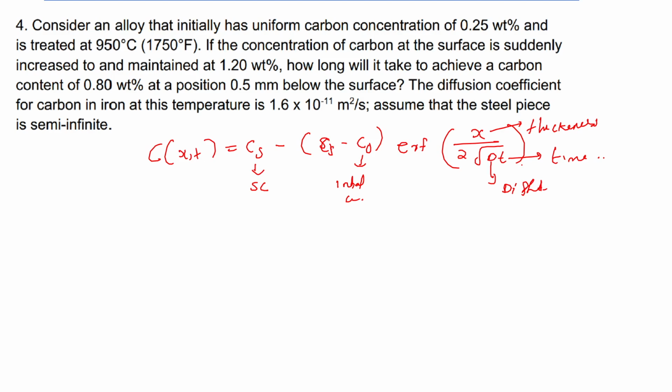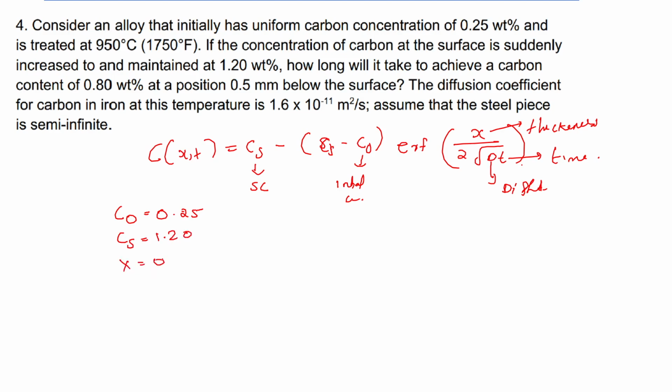Now here you have to solve it. You have to read the question carefully and find what parameters are given. What is the C0 value? The uniform initial carbon concentration is given, that is 0.25. Cs value is also given: the concentration of carbon at the surface is suddenly increased and maintained, so Cs is 1.20.